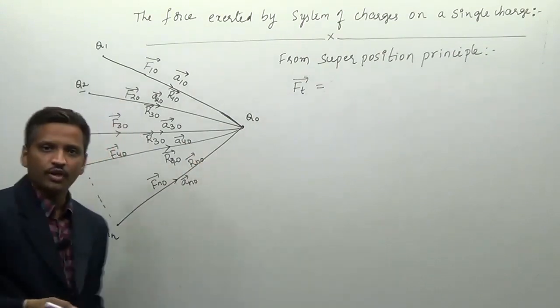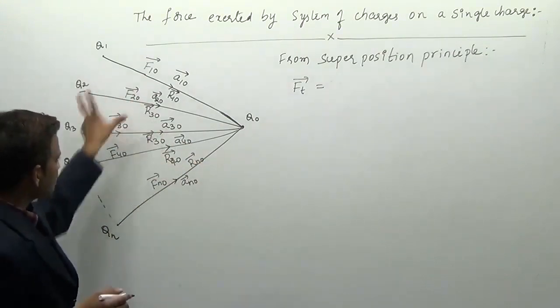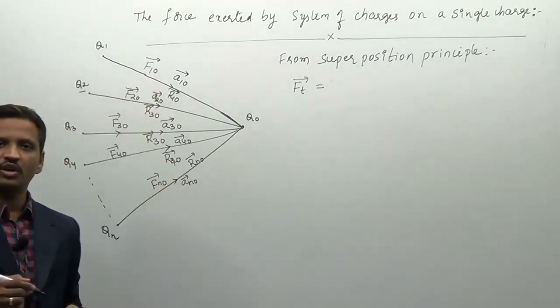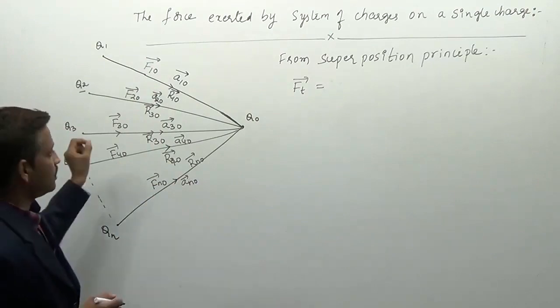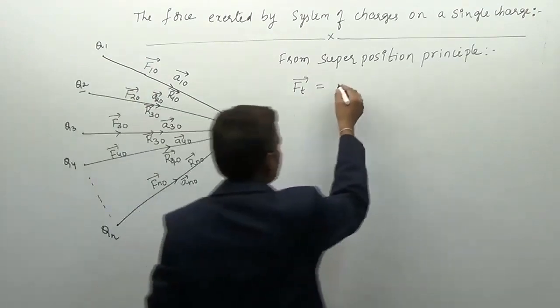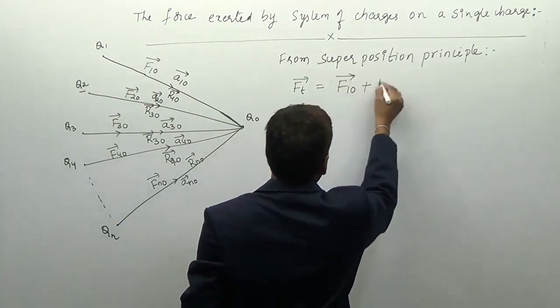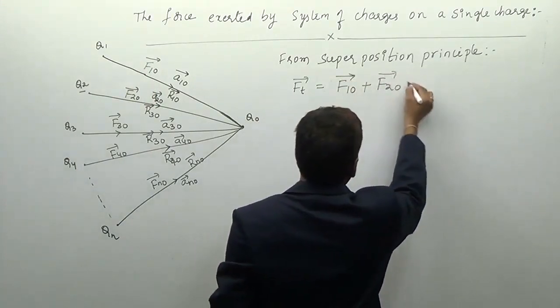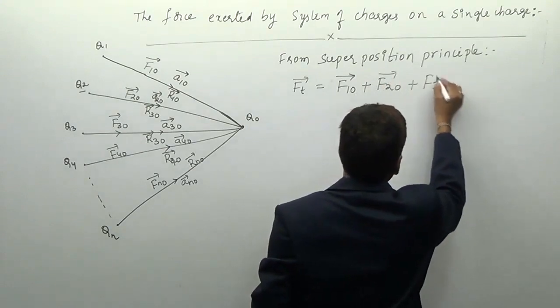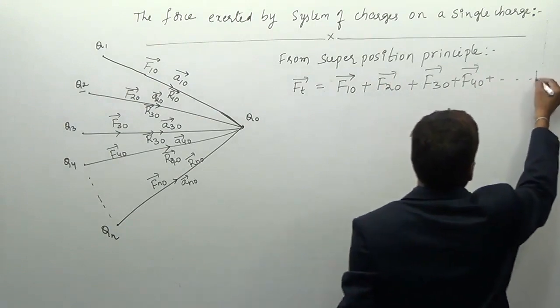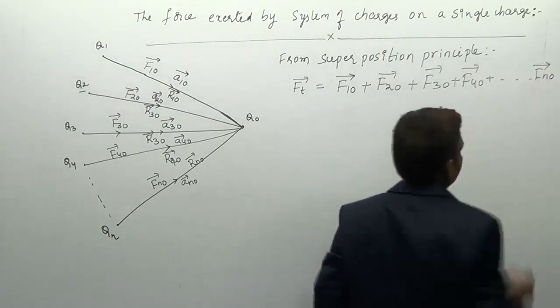This is how we write all of these. It may be confusing here, but you have to write all these unit vectors, distance vectors and forces to get the total force on Q0, which is equal to F10 plus F20 plus F30 plus F40 plus so on, up to Fn0 vector.